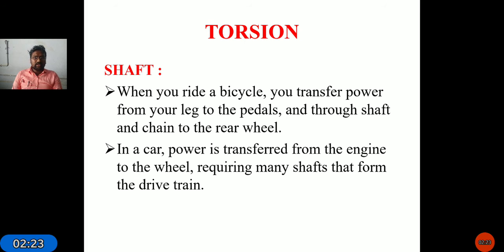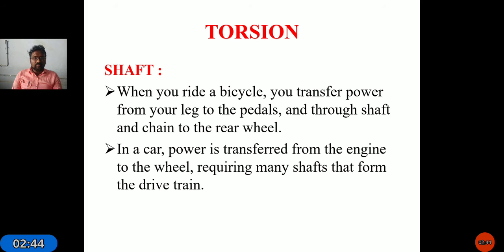The best example is a bicycle. We all know about the bicycle. We give input by using our legs on the pedal. That energy is transferred from the pedal to the rear wheel with the help of a chain. The chain is a transfer medium.